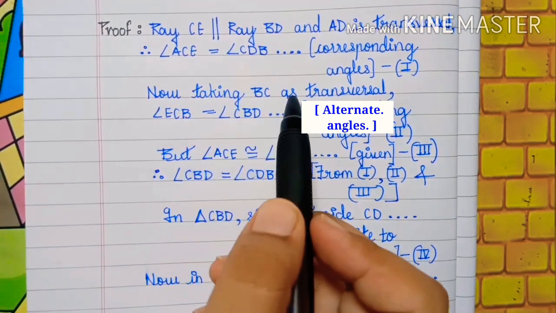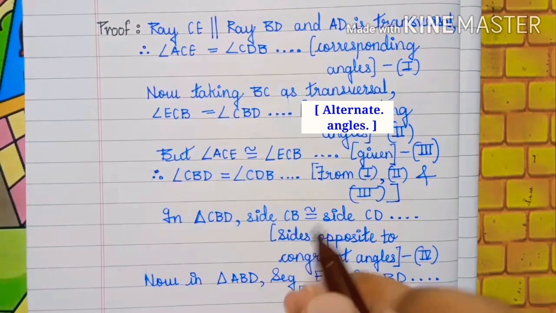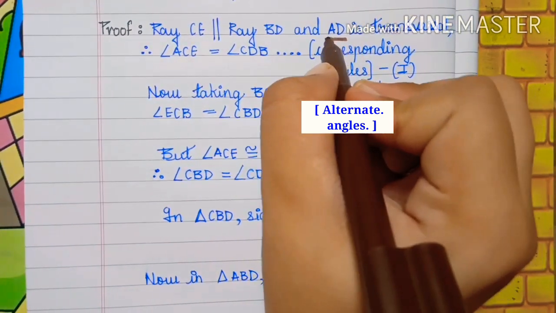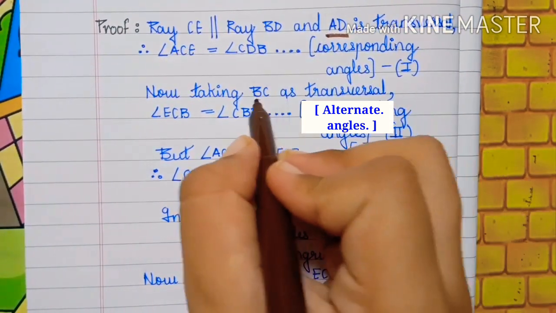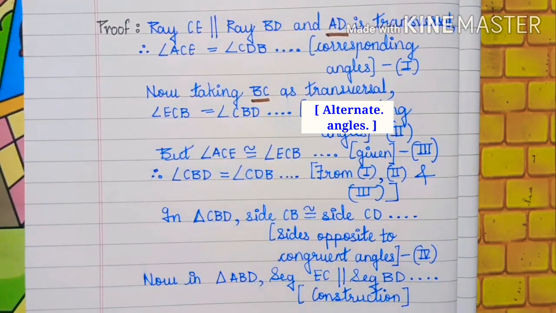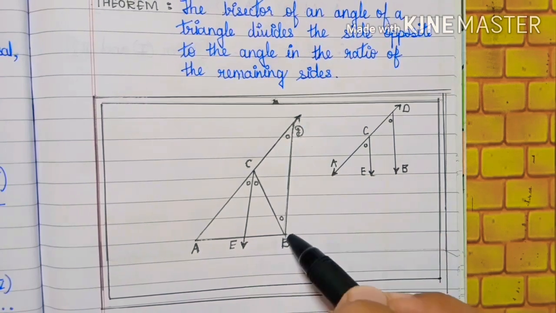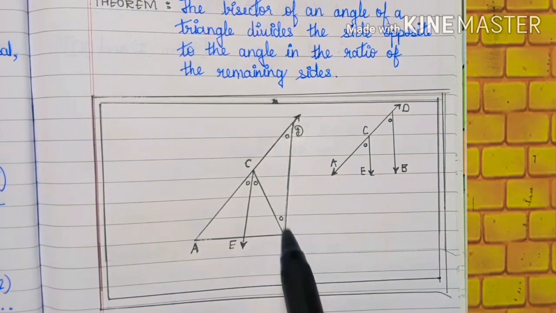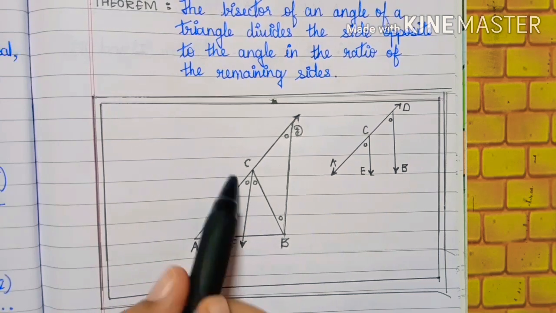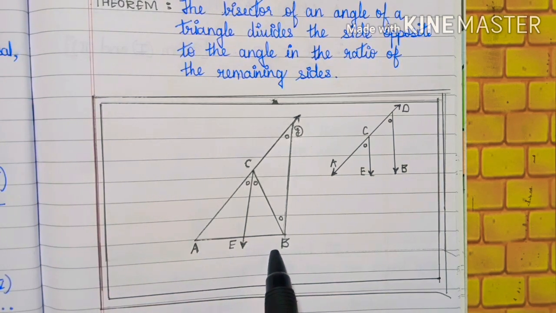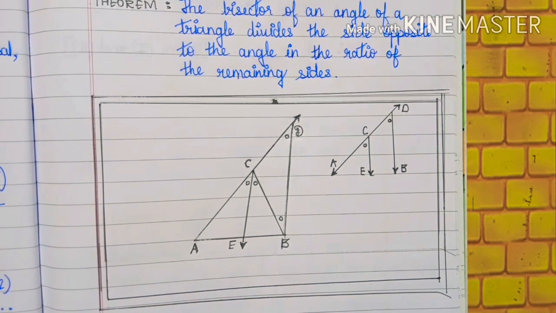Now let's move on to step 2. Now taking BC as transversal. First we had taken AD as the transversal and now we are taking BC as the transversal. But ray CE and ray BD will be the same as before, that is, they will be parallel. In the diagram, CE and DB are parallel and BC is the transversal.